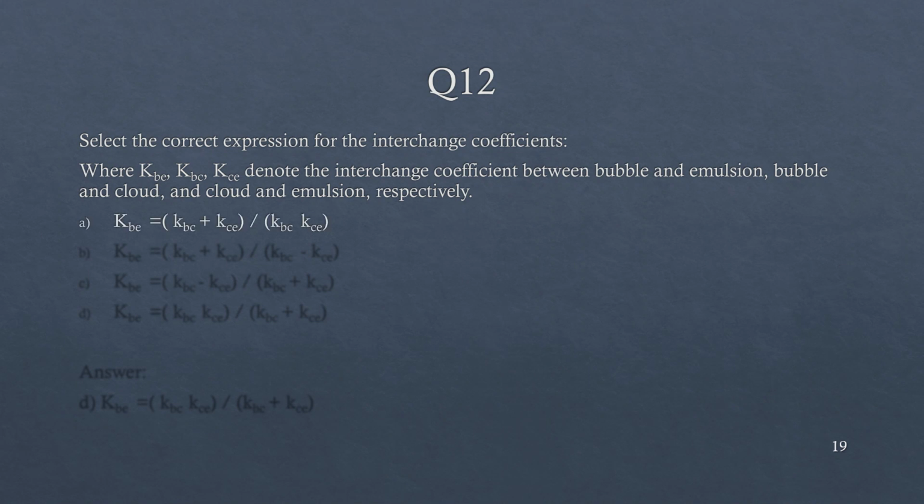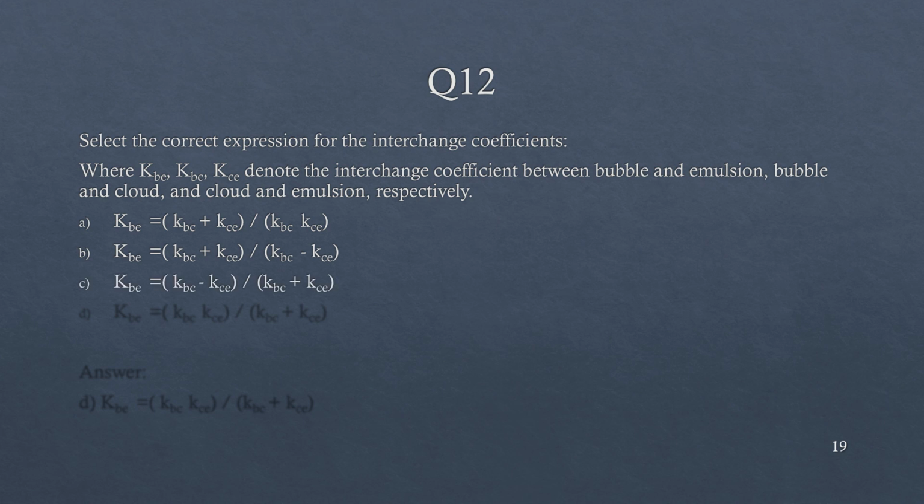Option A: KBE is equal to KBC plus KCE by KBC into KCE. Option B: KBE is equal to KBC plus KCE divided by KBC minus KCE. Option C: KBE is equal to KBC minus KCE by KBC plus KCE. Option D: KBE is equal to KBC into KCE divided by KBC plus KCE.